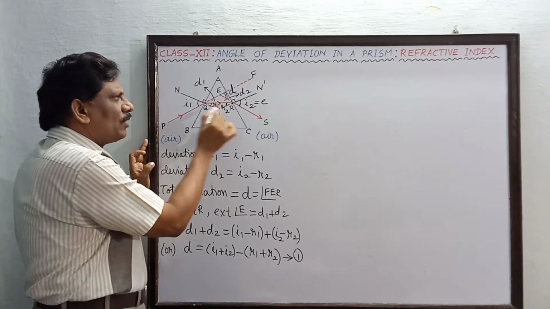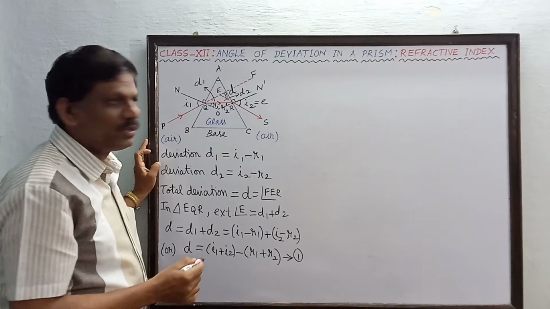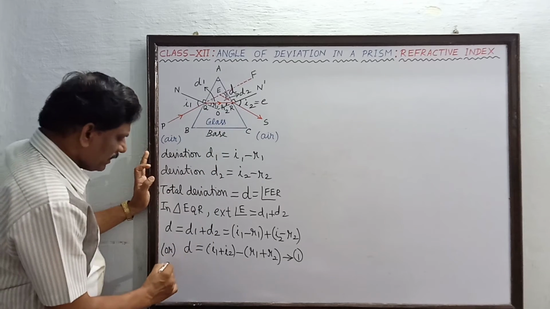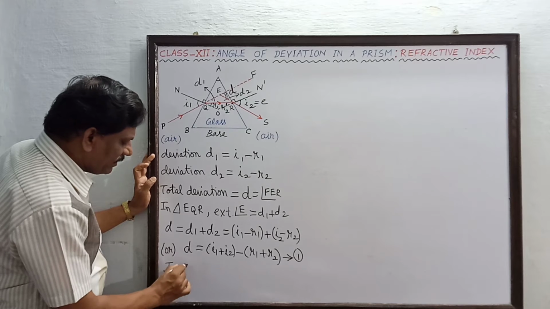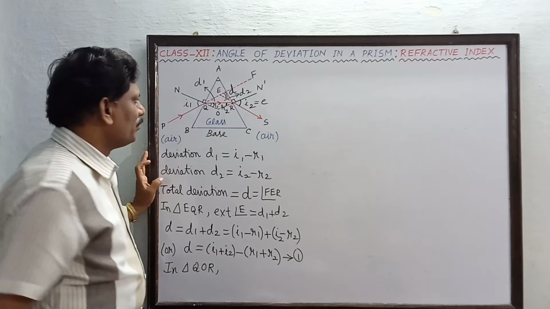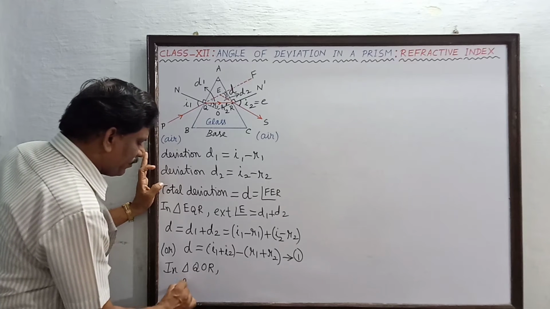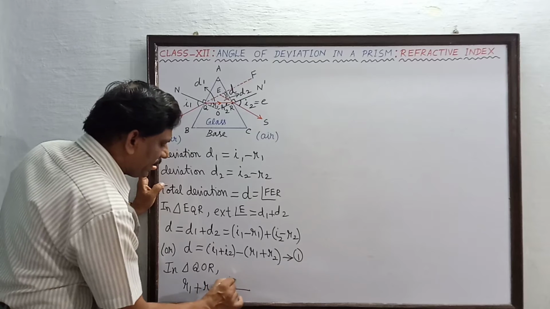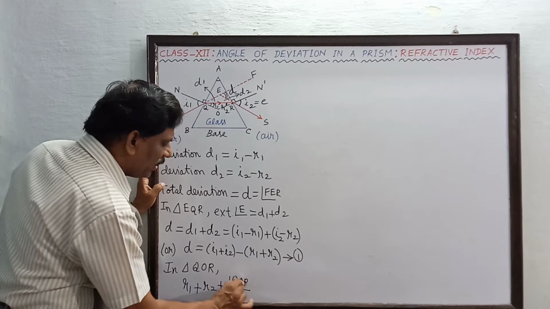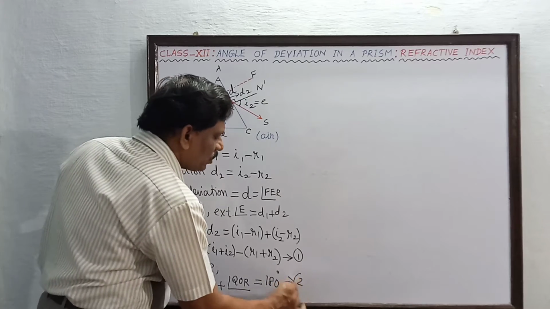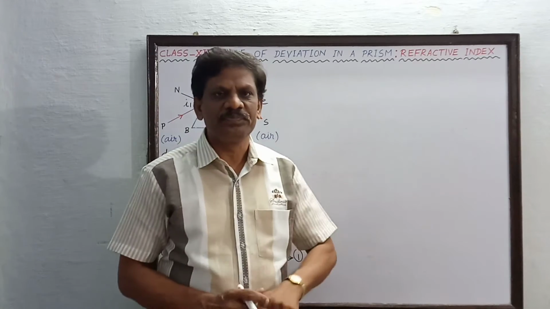This angle is R1, the other angle is R2, and the third angle is QOR. So the sum of the three angles, R1 plus R2 plus angle QOR, is equal to 180 degrees. So this is equation 2.